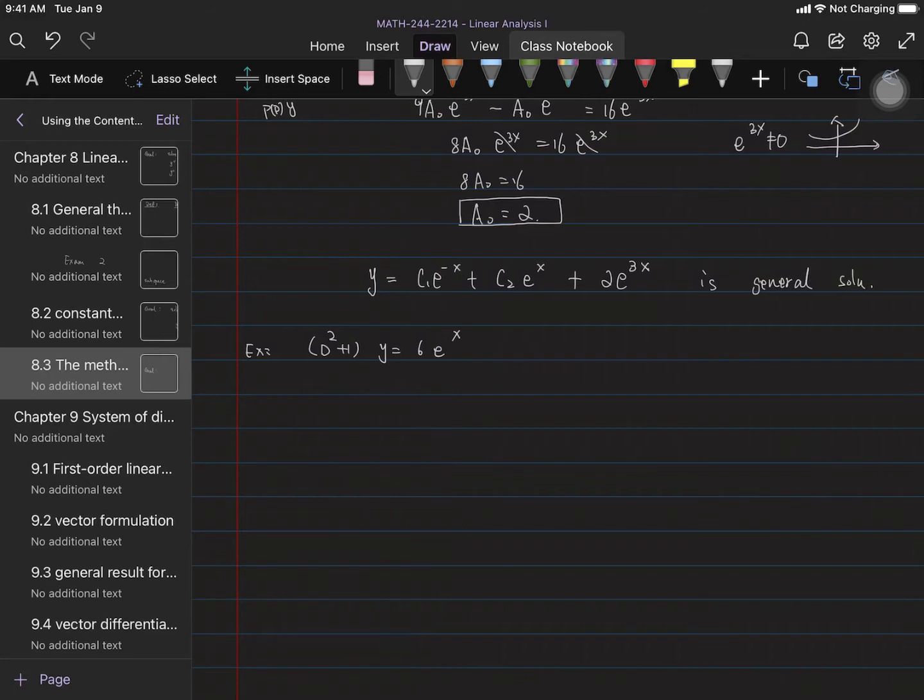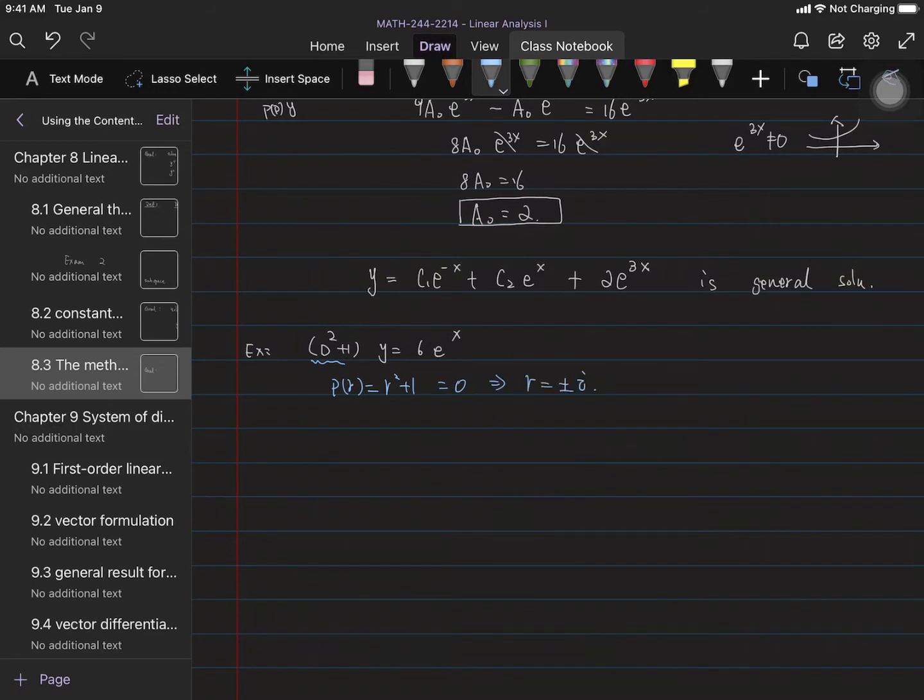Okay, firstly, let's find the general solution to the homogeneous. So for the homogeneous, we need to have a quick review of what we did in 8.2. So d squared plus 1, that means P(r) equals r squared plus 1. And we know this r equals plus minus i, right?